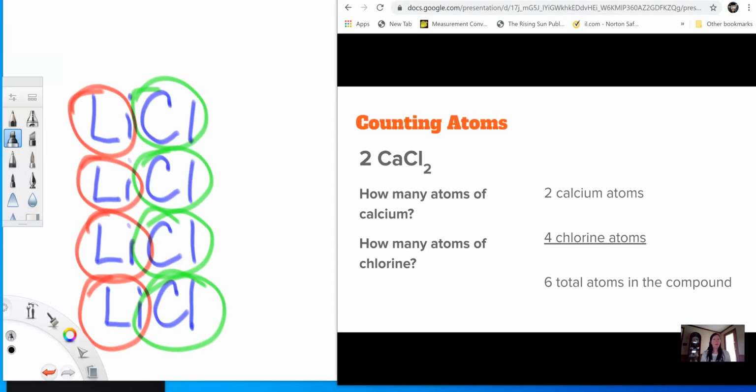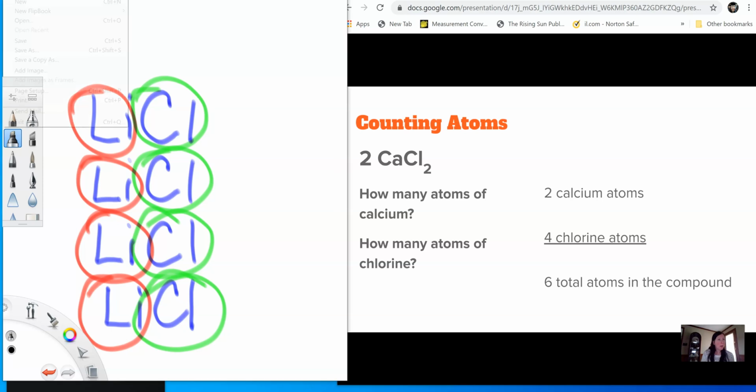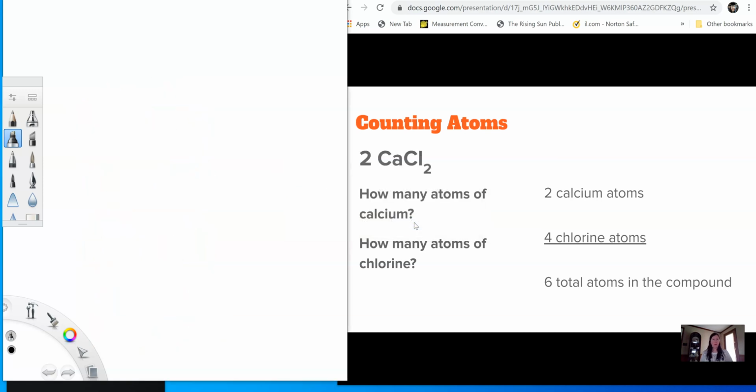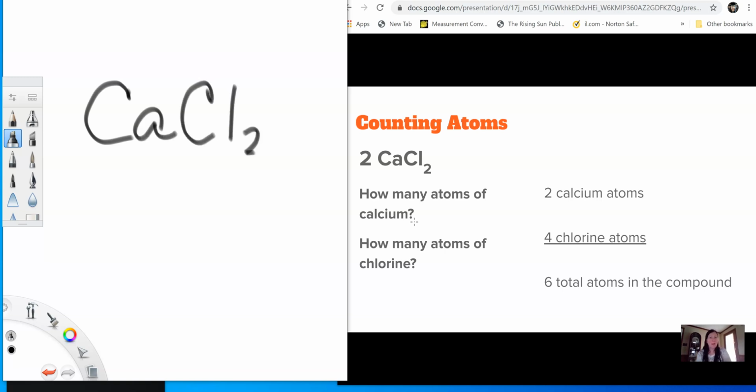So here we go. I'm going to get a new page. Okay, so just giving an example for the more visual learners, it says we have 2 calcium chlorides, so I'm just going to write those out. CaCl2, there's our first one, CaCl2.